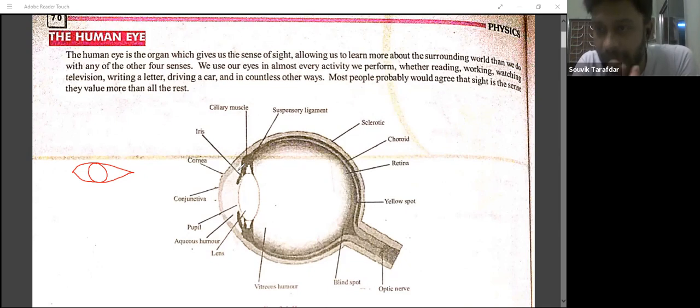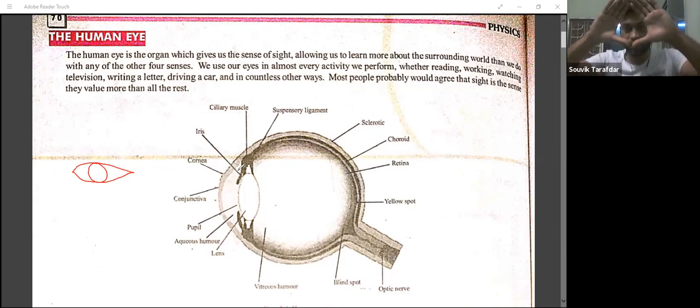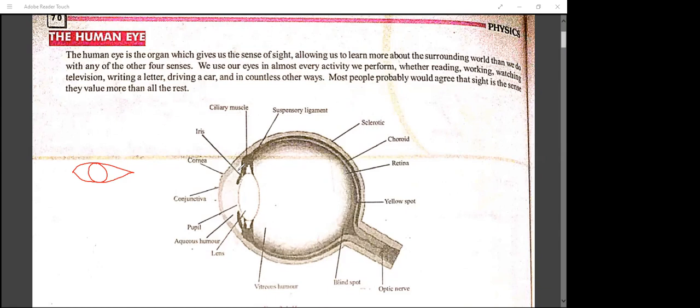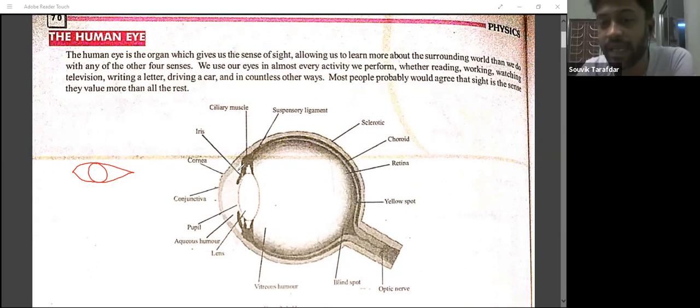Now, when the iris becomes small, when the iris comes close, at that time the pupil is small. When the iris goes away, at that time the pupil is bigger. Am I clear? So the pupil is just the opening made by the iris.